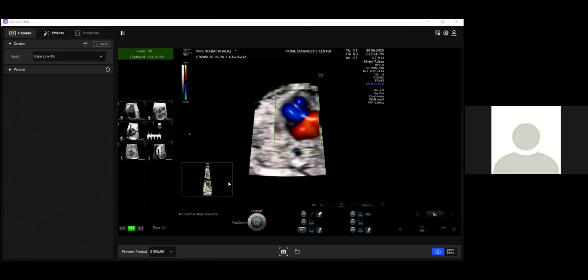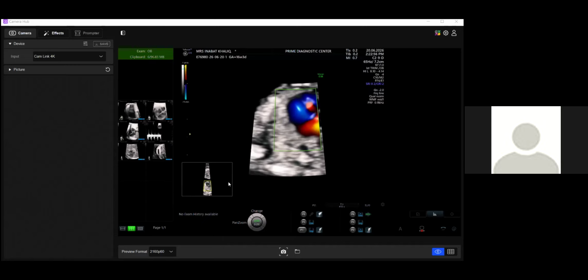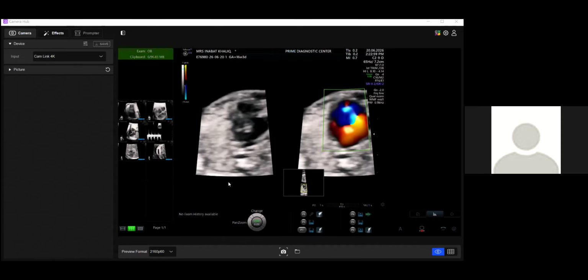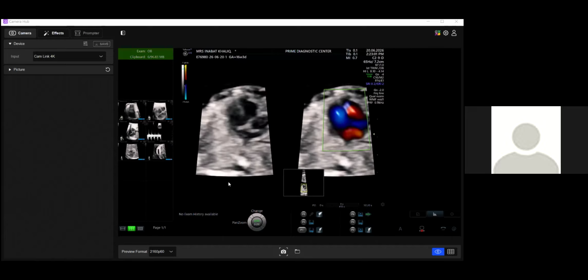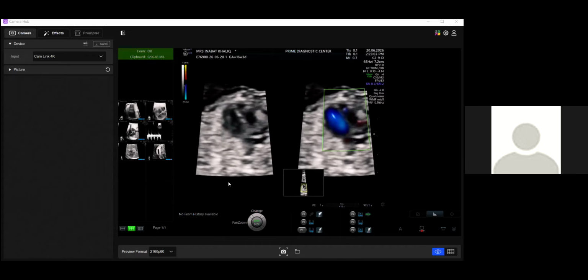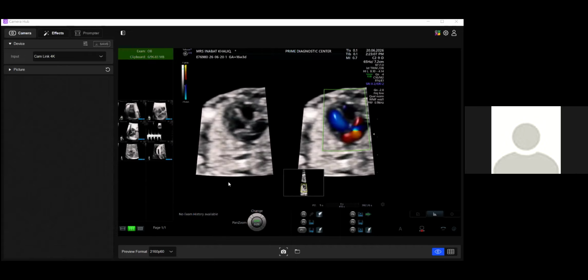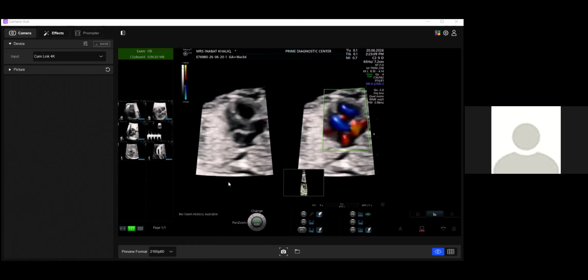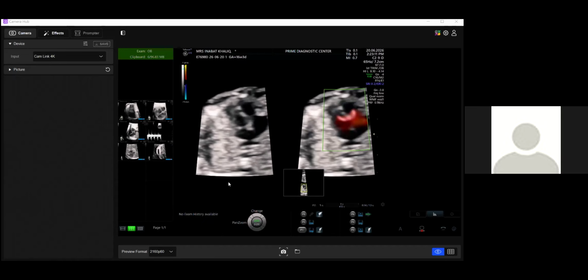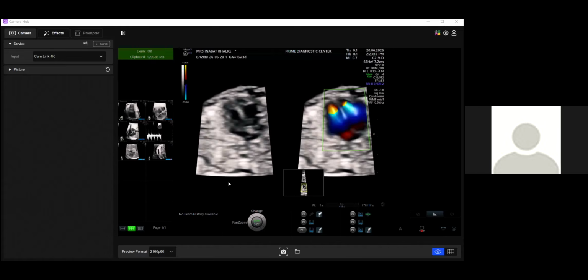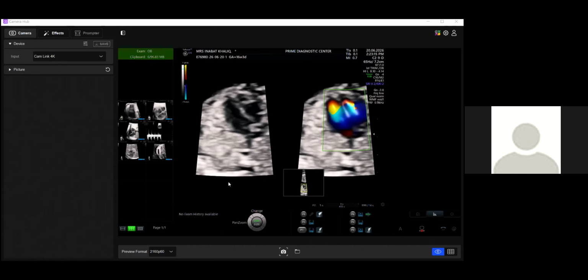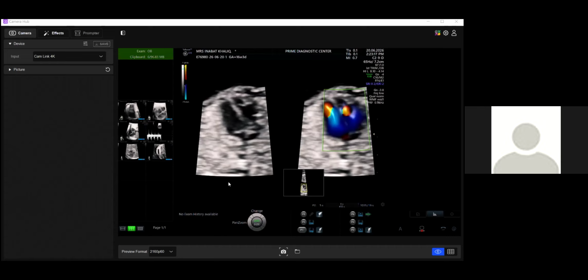Then I have no Nyquist limit and go side by side 2D. I reduce the gains till I start seeing the septum again, and I don't see any flow traversing the septum and going on any side. So essentially, this is a normal scan.